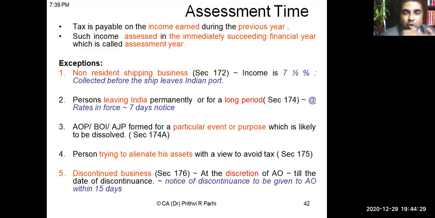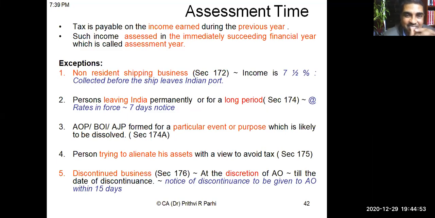In case of a non-resident shipping business, suppose a non-resident ship arrives in an Indian port, does some business there and earns some profit, then how will it be assessed? If you say this is the previous year only and your income will be assessed in the next year, the assessment year, then the ship will happily leave.